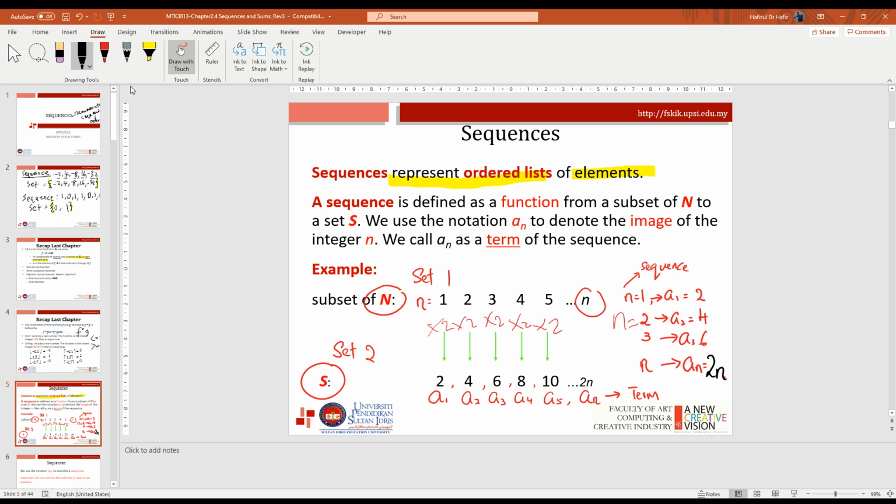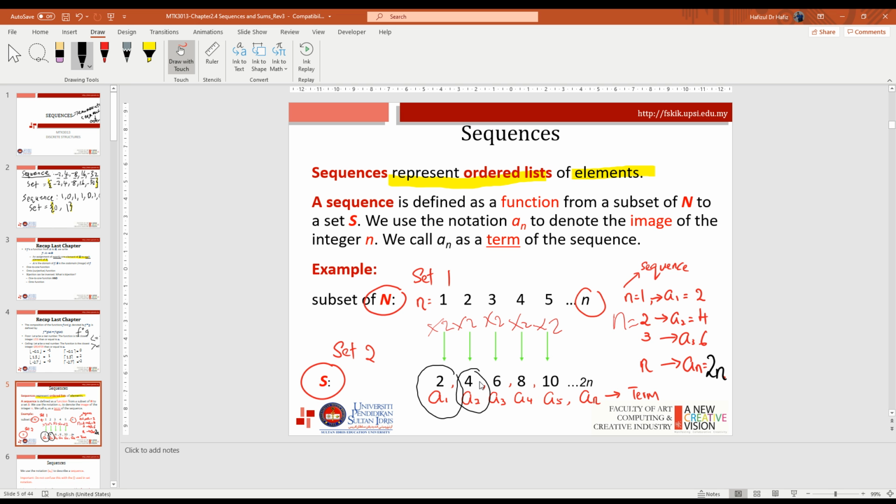For example, if we have the subset of 1 as a set, we define set 2 as the term, and then we find a1 is 2, 4, 6. We have a sequence in order.